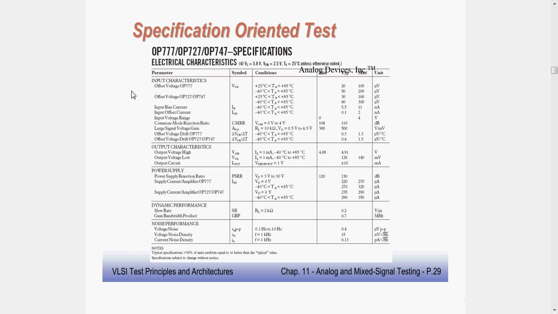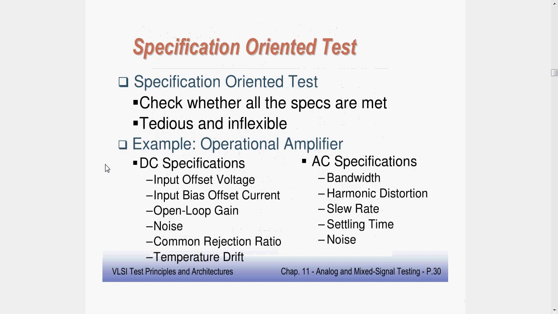With some sensitive devices, you can easily measure the various details as given in the data sheet, and you will cross verify that. This is the same process that will be followed in the specification oriented test.